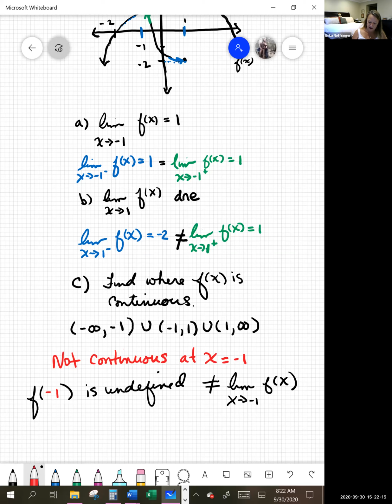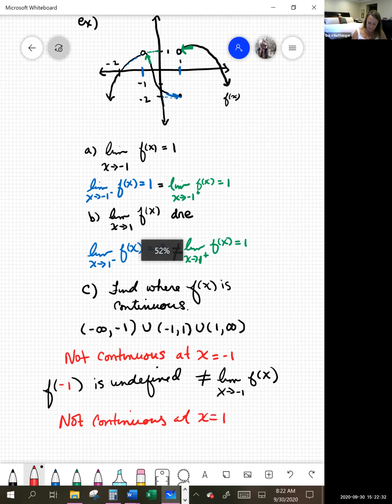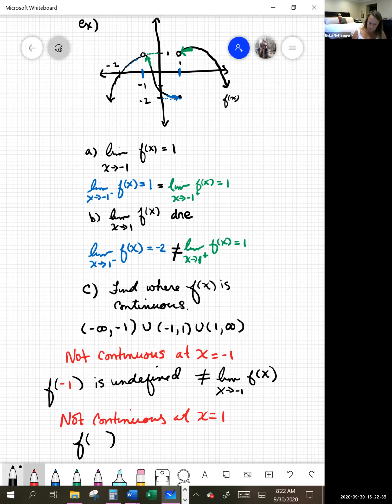And we said it was not continuous at +1. That function actually does exist at f of 1. You go back up here, you have a solid circle when x is 1.